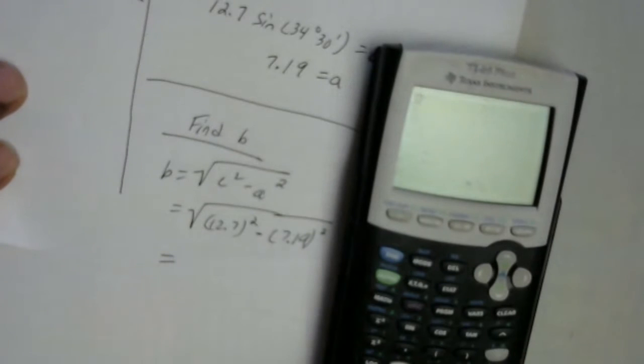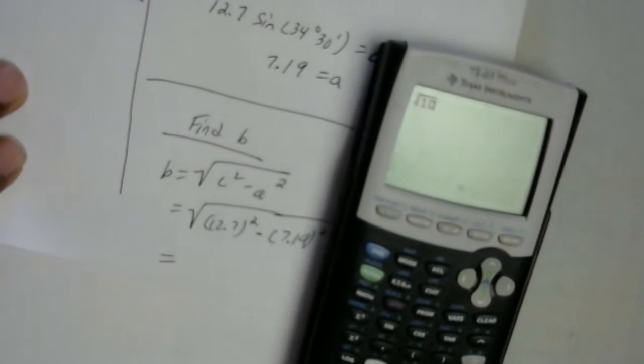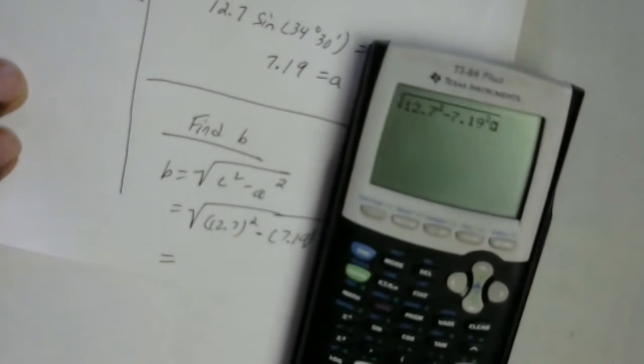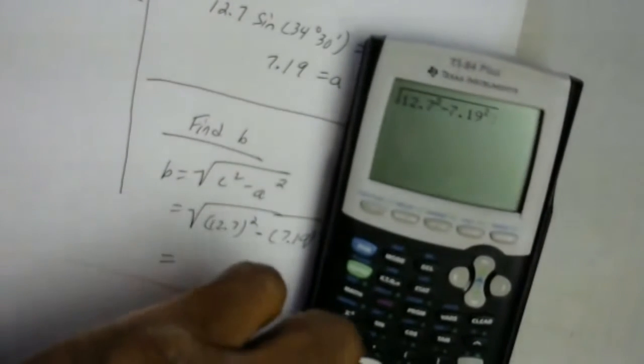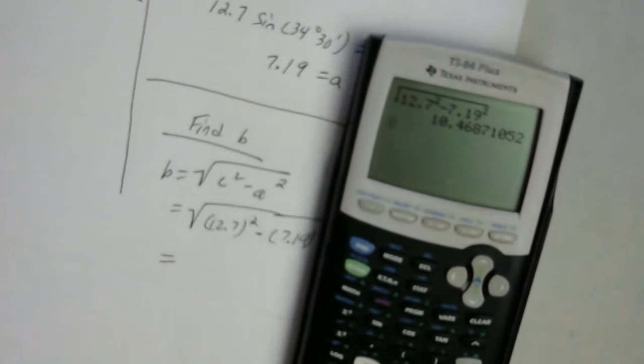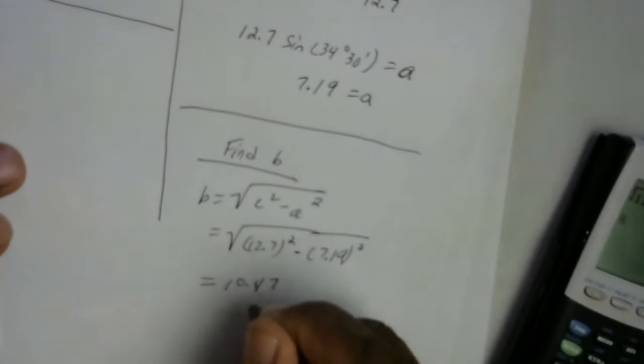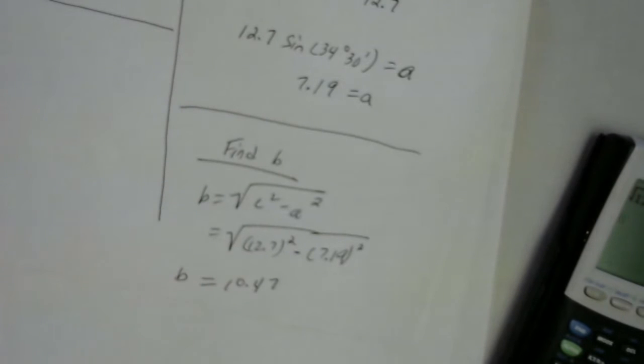So in my calculator, I'm going to put the square root of 12.7 squared minus 7.19 squared, and we have 10.47. So side B is 10.47.